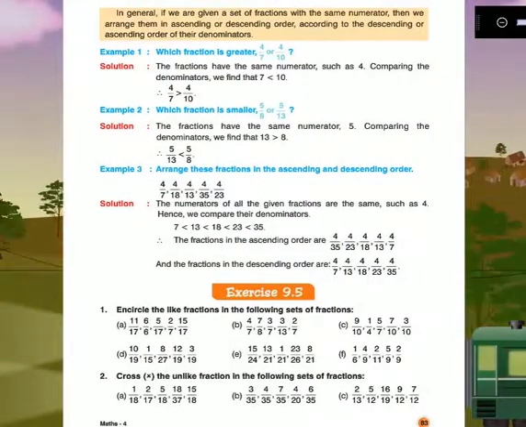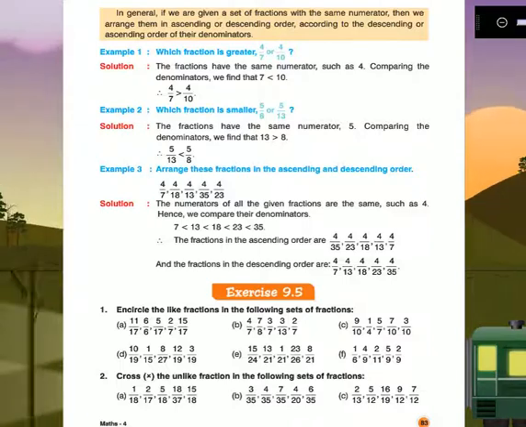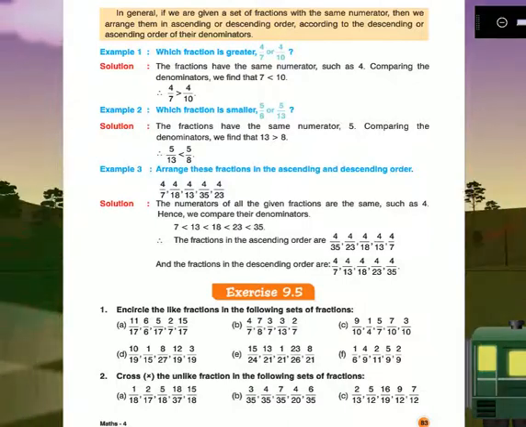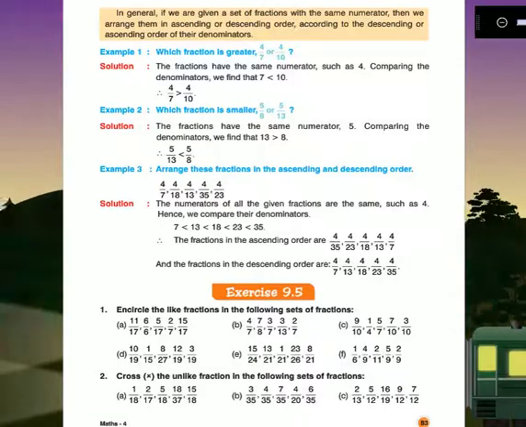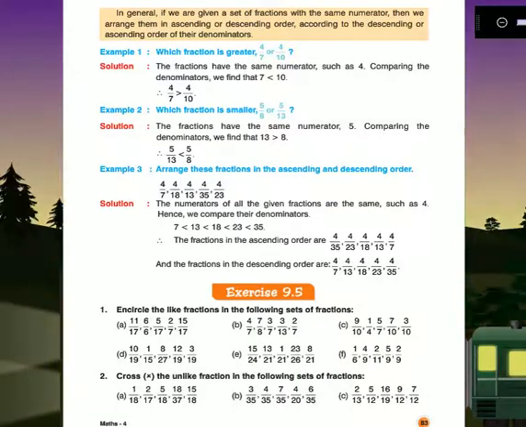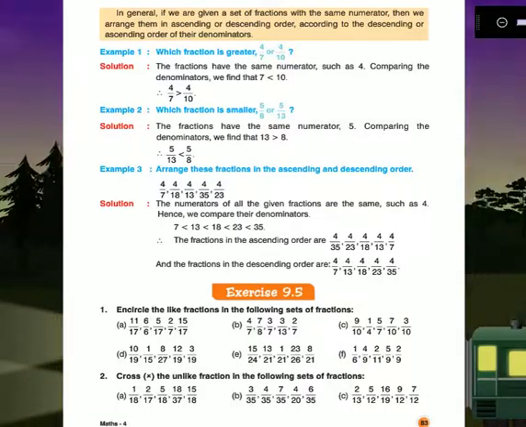In general, if we are given a set of fractions with the same numerator, then we arrange them in ascending or descending order according to the descending or ascending order of their denominators.